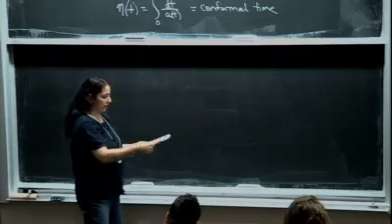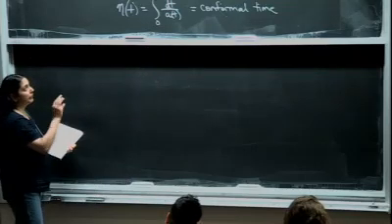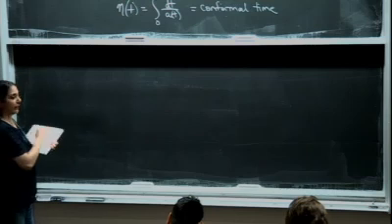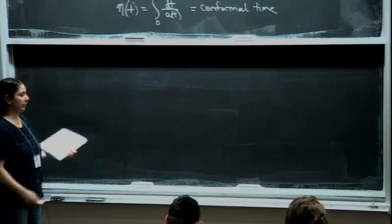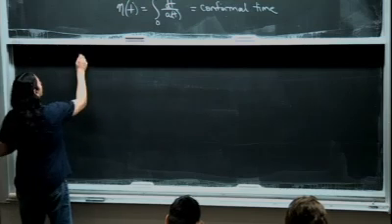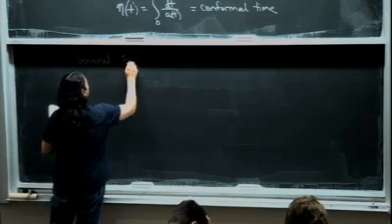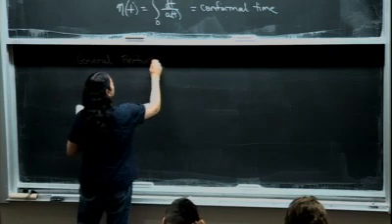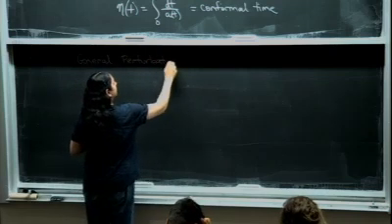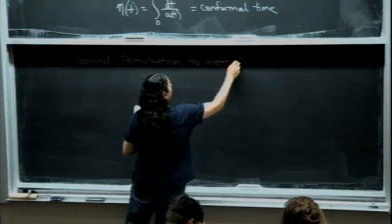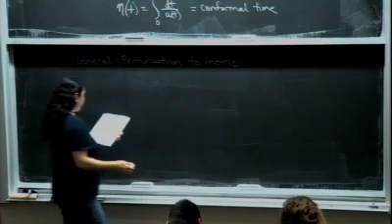Now, if I want to perturb my metric, the first thing I would want to do is write the most general perturbation that I could. I would write it like this.